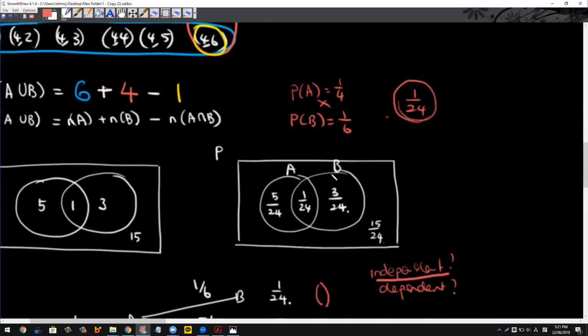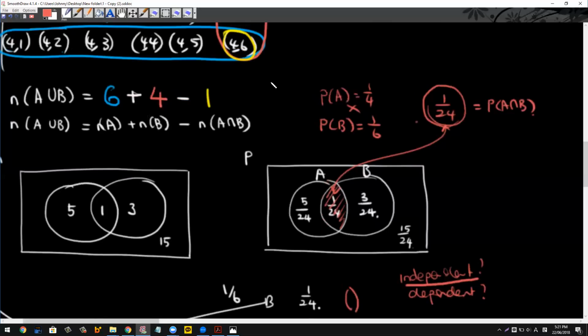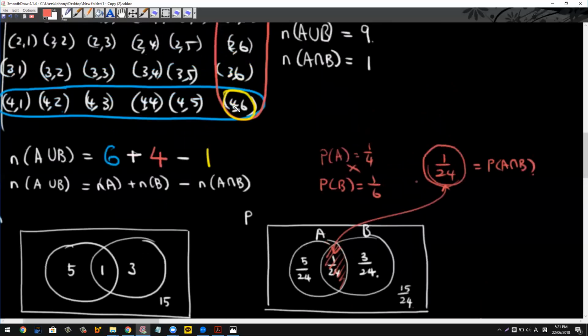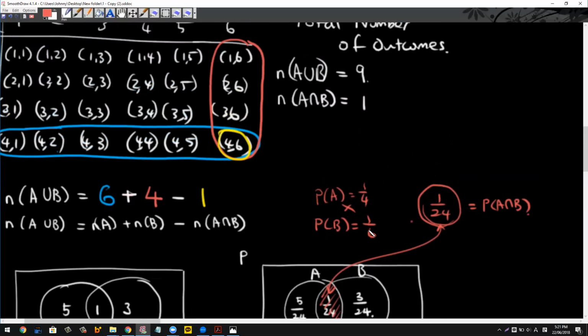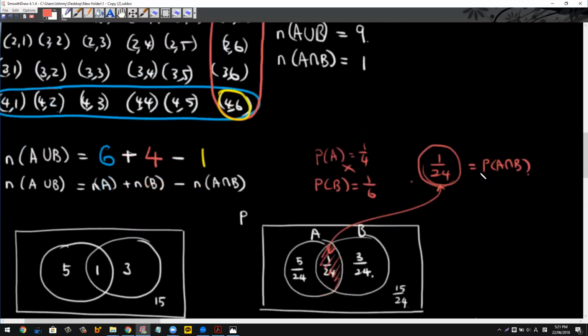And now that is actually the same as this thing inside, which is A and B. So when you multiply these two, you see this is 1 out of 24, and that's this one times this one. So if that is the case, then they are independent of each other.